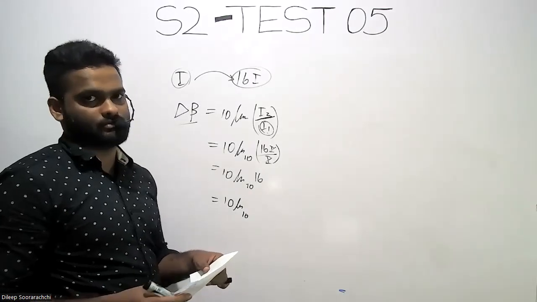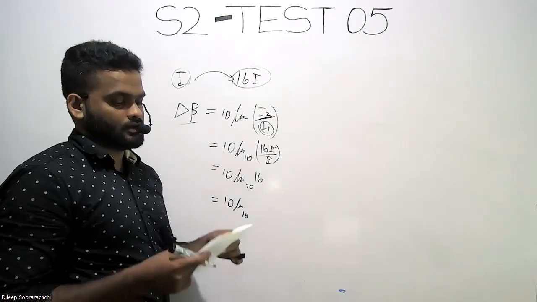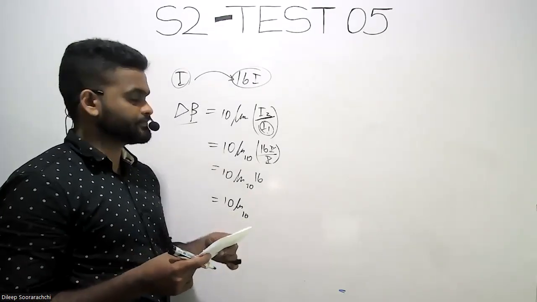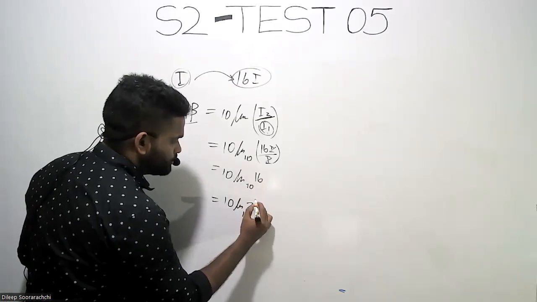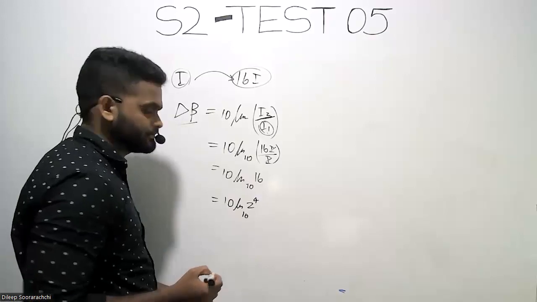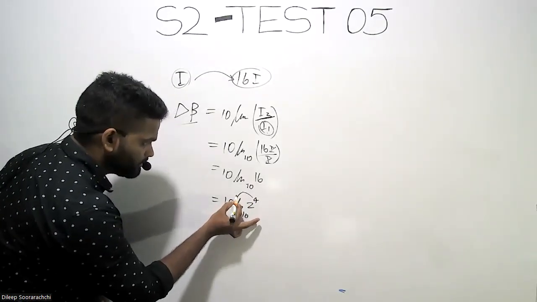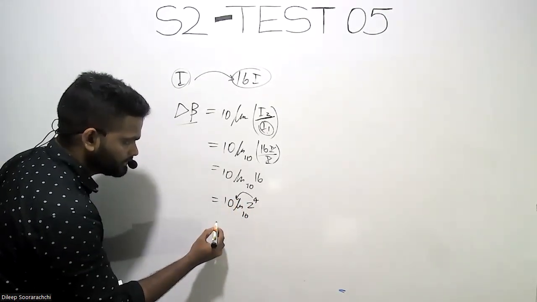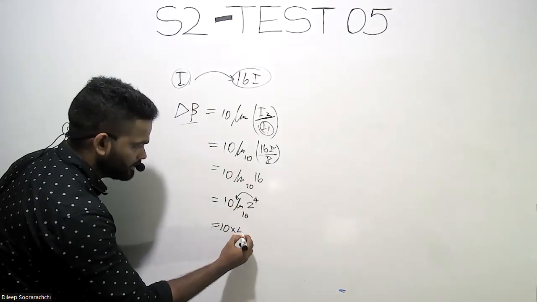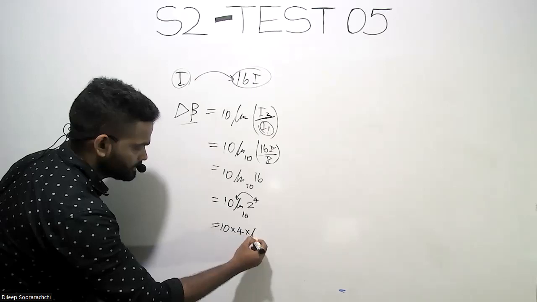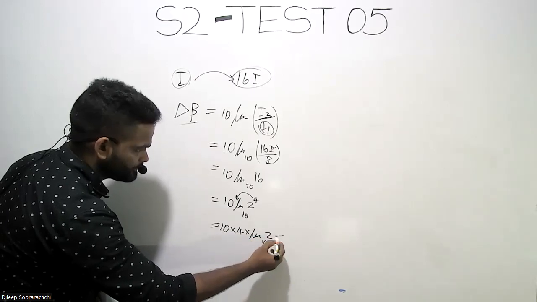So what can we do? Only log 2 is given. I can write this 16 as 2 to the power 4. Then you can take this 4 in front of the log. These were in O levels, right? 4 times log 10, 2.